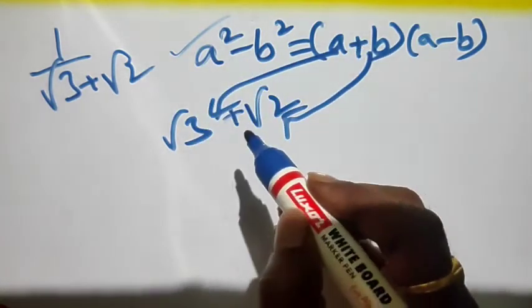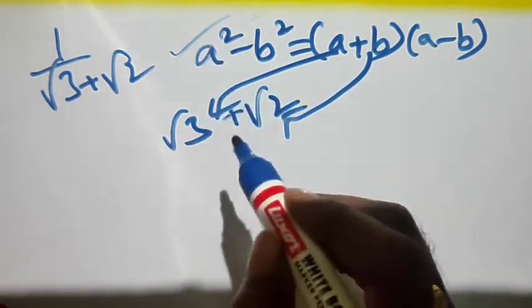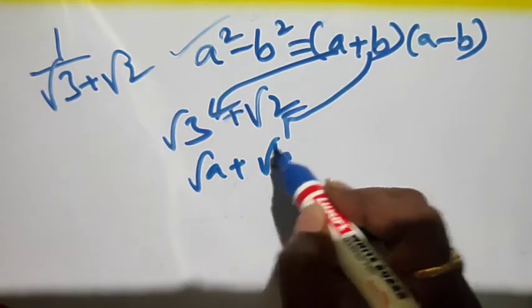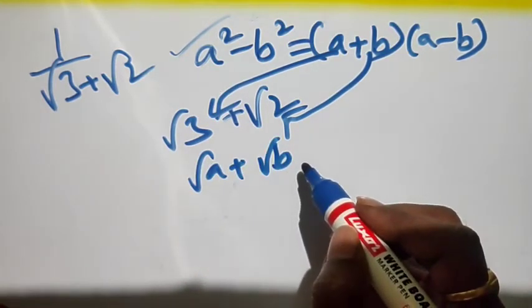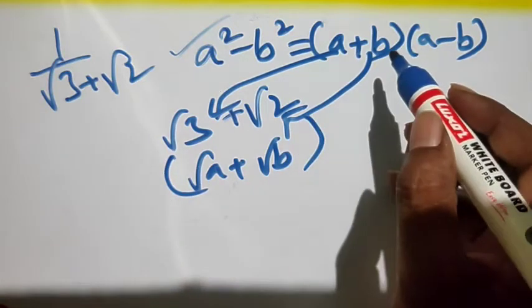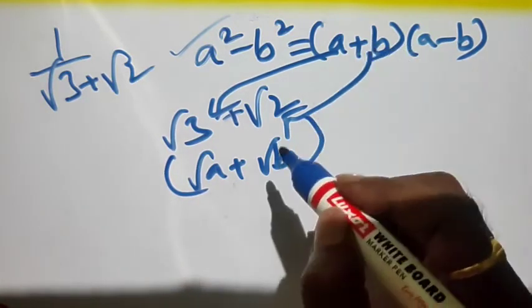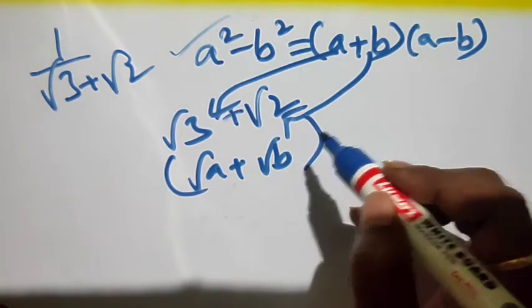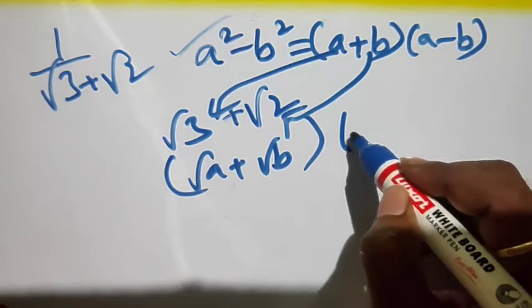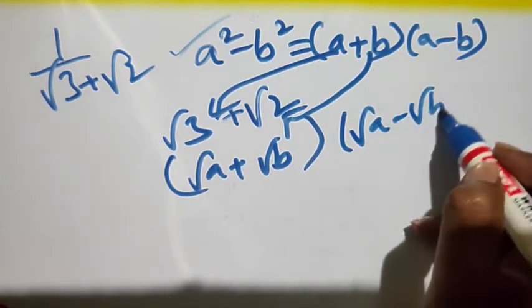Suppose my question is like this: root a plus root b. Then what is the RF of root a plus root b? What should I multiply root a plus root b by? That is my question. So we multiply this by root a minus root b.